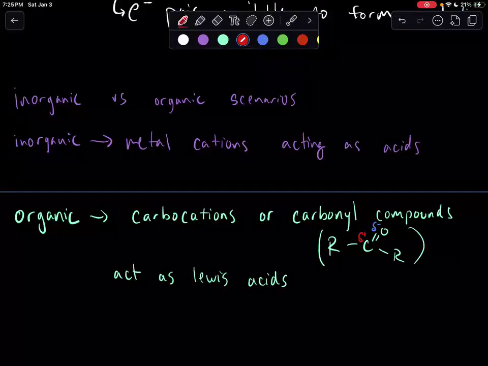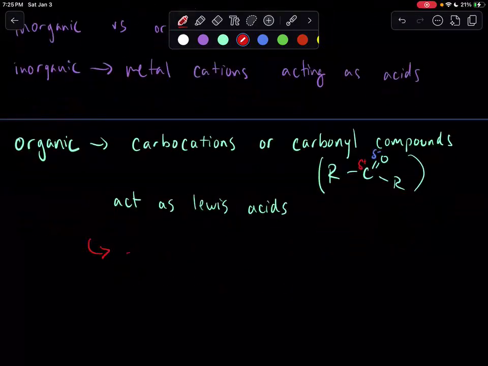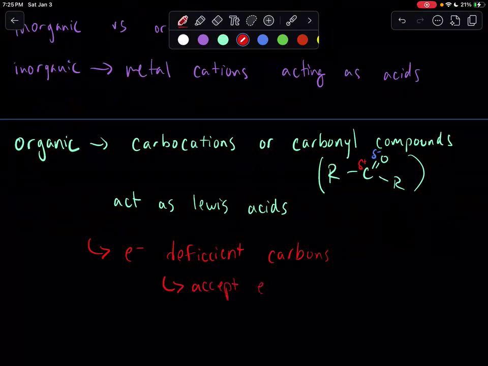That carbon generally, so both of these create what we call electron deficient carbons. And as they're electron deficient, they will accept electron pairs.